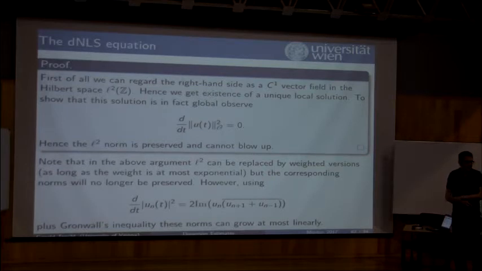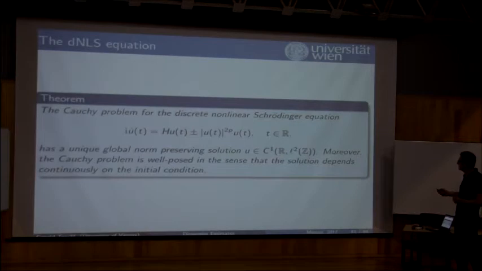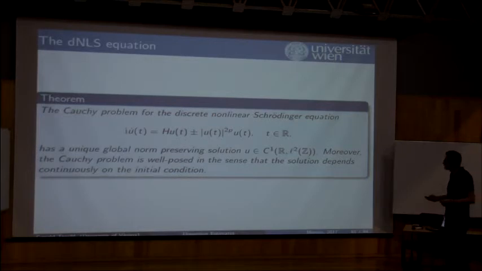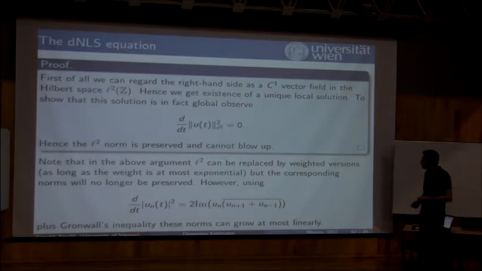And also you immediately get from the structure we had before that the norm of the vector field cannot blow up in this situation, because this here is linear, maps bounded sets to bounded sets, and we also had this Lipschitz estimate before, which shows us that this function maps bounded sets to bounded sets, so no problems here, and we get that the norm is preserved and cannot blow up.